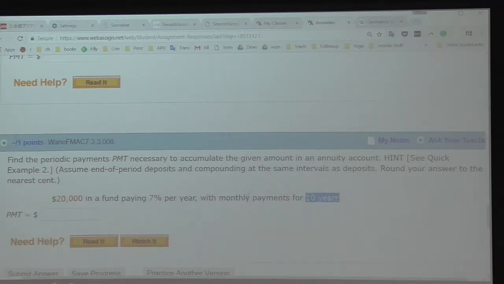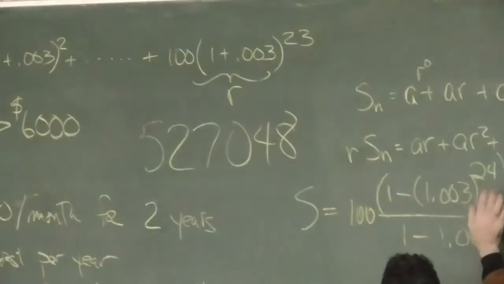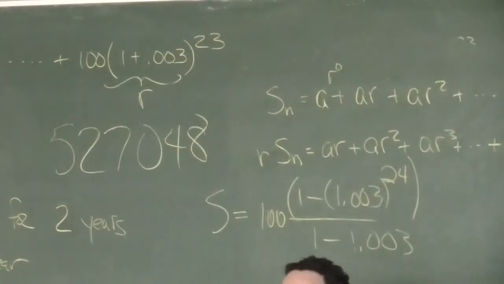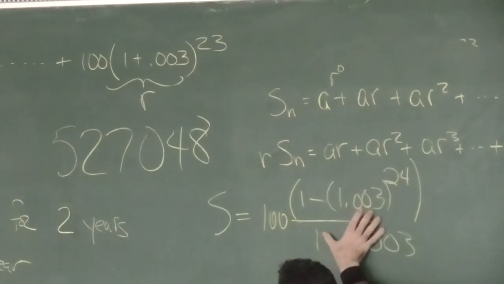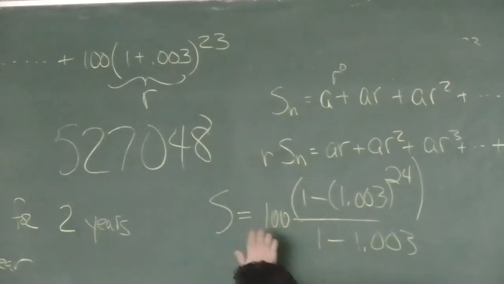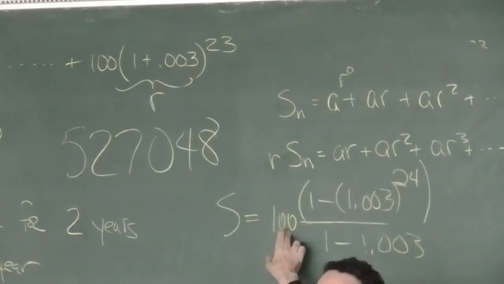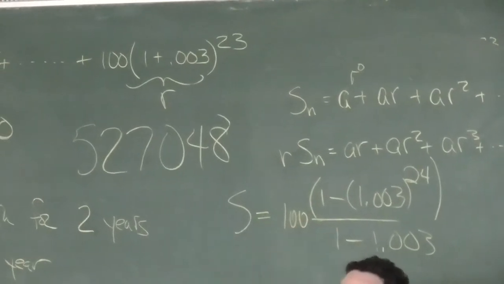So that means that we're trying to find this number, but we're given this number. So you just take this part to the other side, because you're given this, bring this over there, and you're trying to solve for this. Okay? Everyone follow that? Okay? Yes?